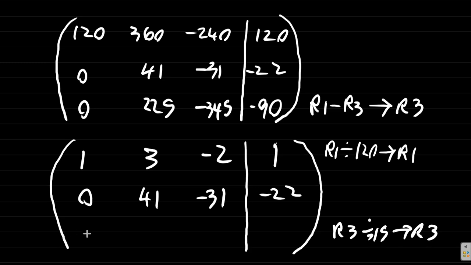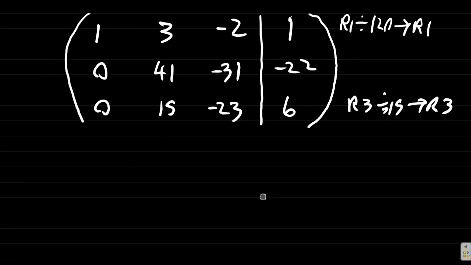So 0 over 15 is 0. 225 over 15 is 15. 345 over 15, 23, that's negative 23. And then negative 90 over 15 is 6. So it's the same equations, but with smaller numbers, they're a little easier to look at and less stressful.